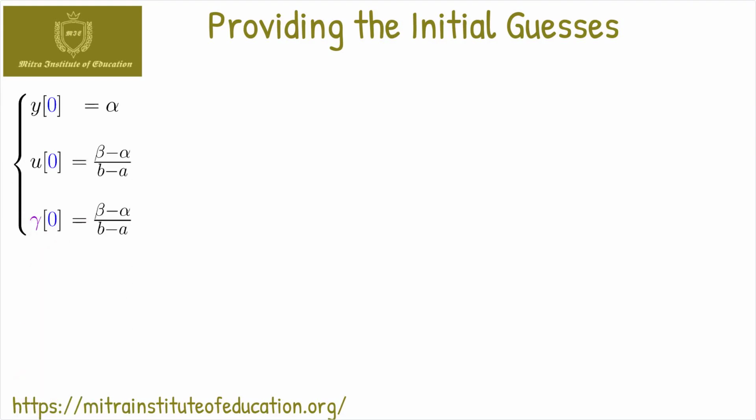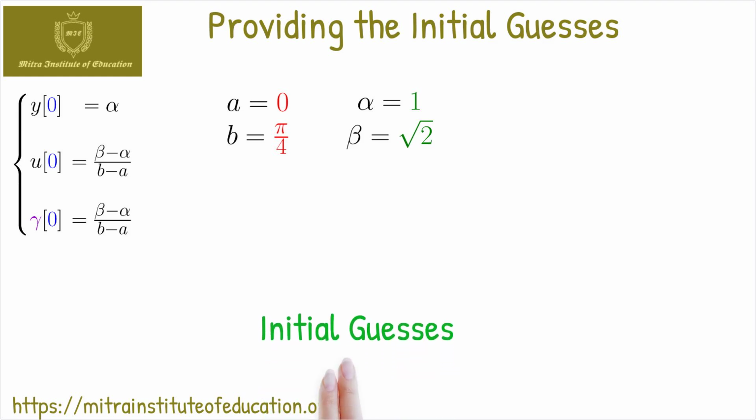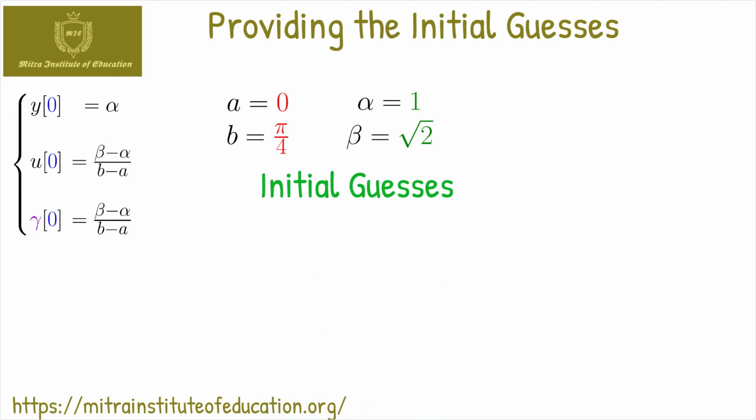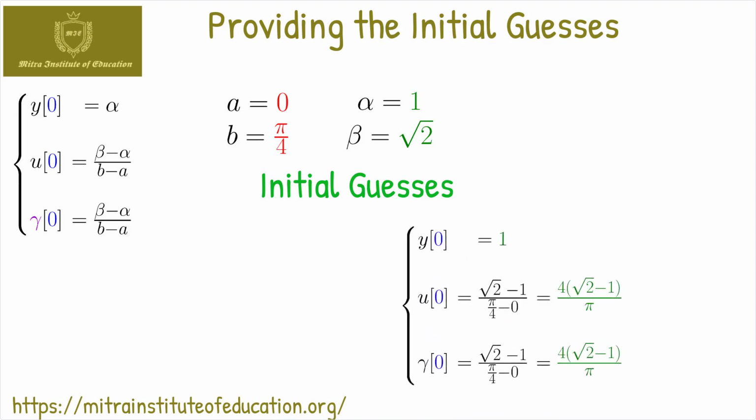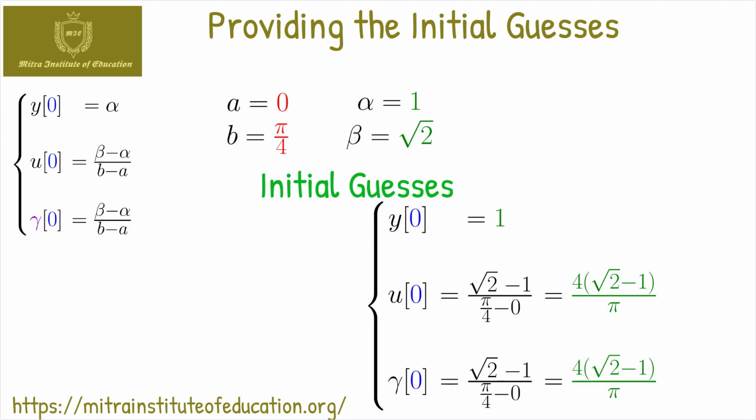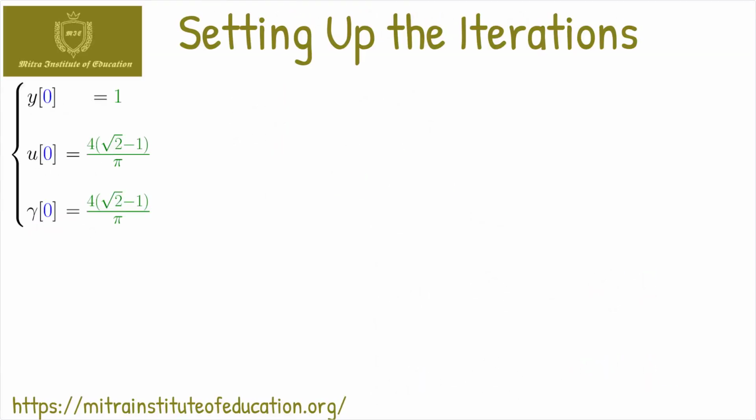Before applying the method, we need to provide initial guesses. These initial guesses serve as the starting point for the iterative process, enabling us to refine the solution step by step. Now, we set up the iterations for the method.